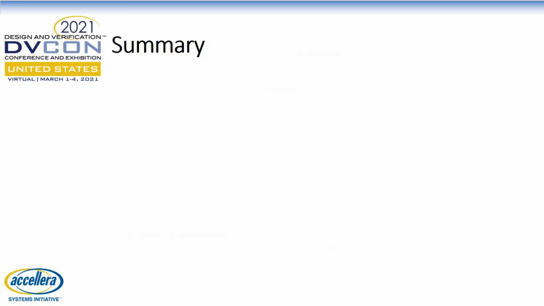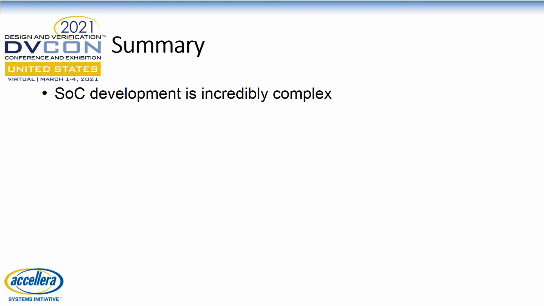So to summarize, SoC development is incredibly complex. That's clear to anyone who works on an SoC project, but sometimes when you're trying to solve your own problems, it's hard to appreciate all the other teams and the issues they're facing, and how the interactions among your teams can compromise the final chip if you don't have a consistent, automatic, executable flow for as much of the chip design as you possibly can.